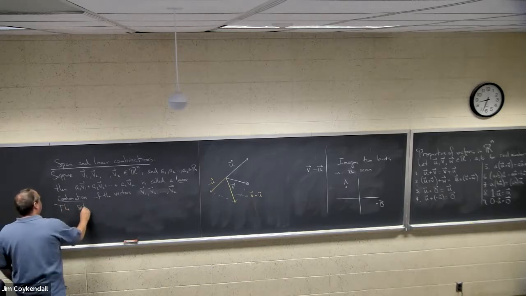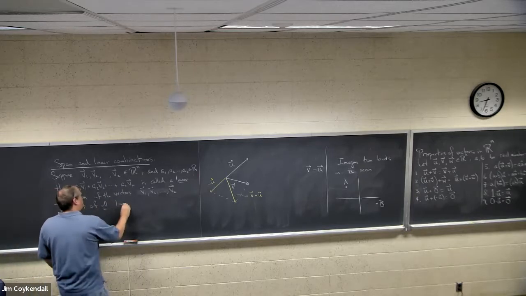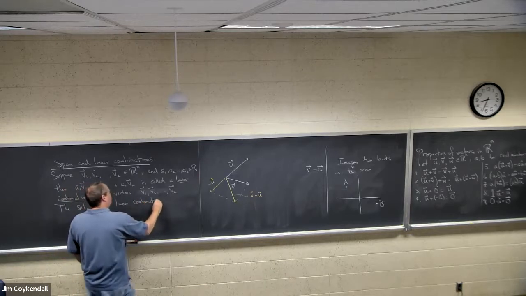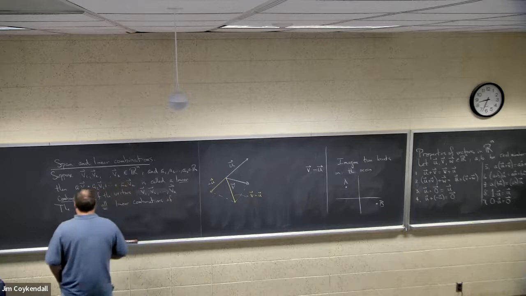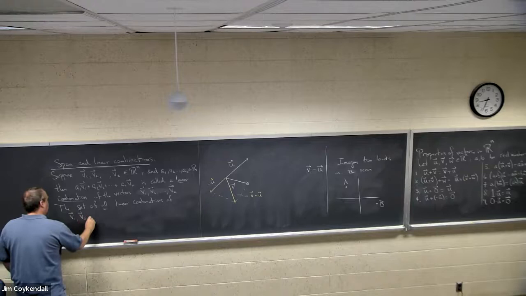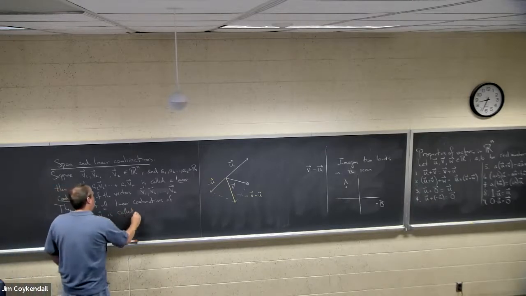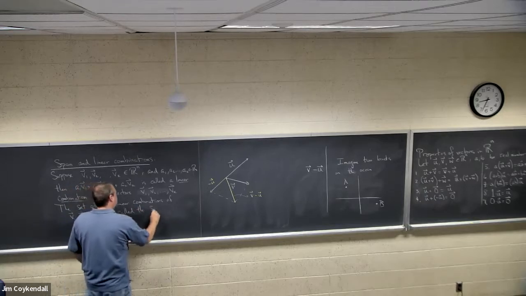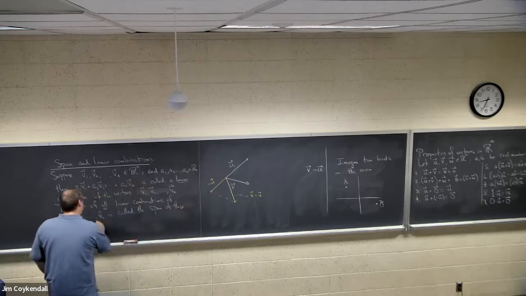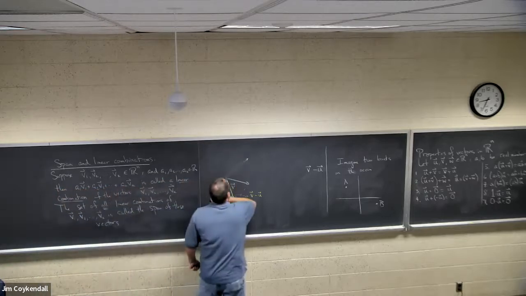The set of all linear combinations of b1, b2, up to bk is called the span. And I will often write it this way.